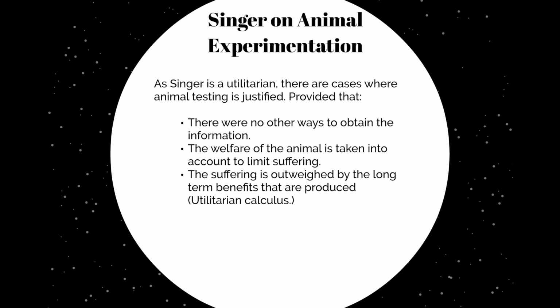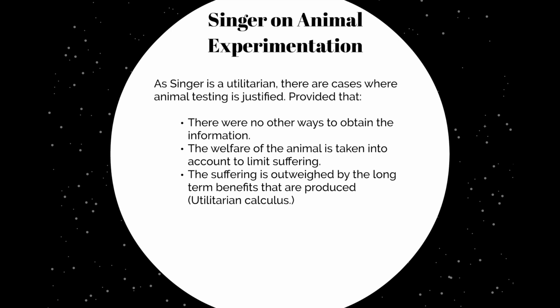So Singer argues that animal testing, for the most part, is not justified, but it can be justified provided that there were no other ways to obtain the information, the welfare of the animal is taken into account to limit suffering, and that suffering is outweighed by the long-term benefits that are produced. If the benefits outweigh the harms, then animal experimentation is justified for Singer.